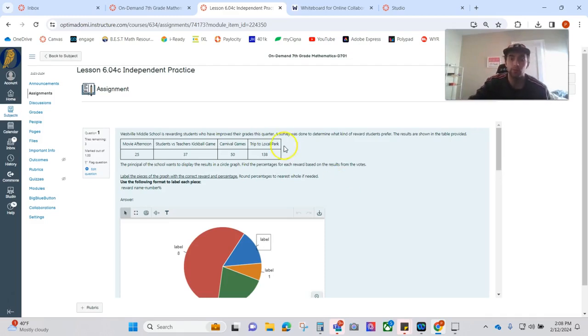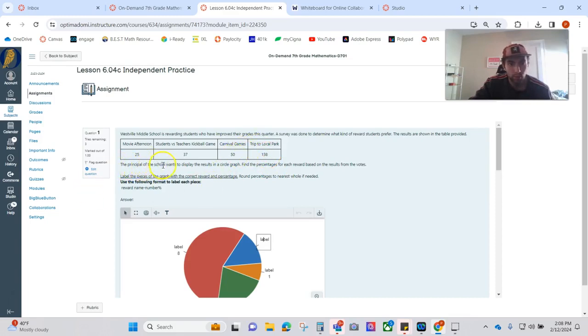If students improve their grade, they get to choose one of these prizes. 25 kids would like a movie afternoon, so watching a movie together. 37 kids wanted a students versus teacher kickball game. 50 students wanted carnival games, and 138 wanted a trip to a local park.